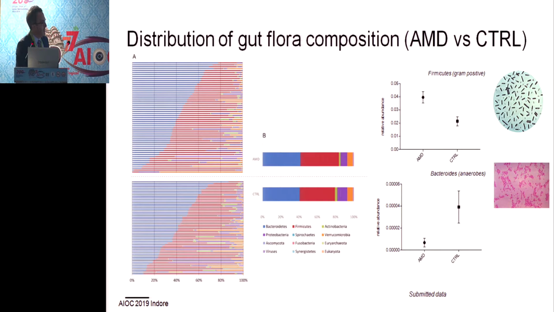Certain microbes were more abundant in patients with neovascular AMD, such as Firmicutes, which were higher in patients with neovascular AMD compared to controls. On the other hand, we found certain bacterial species, such as Bacteroides, which had a lower abundance in patients with AMD compared to healthy control groups.